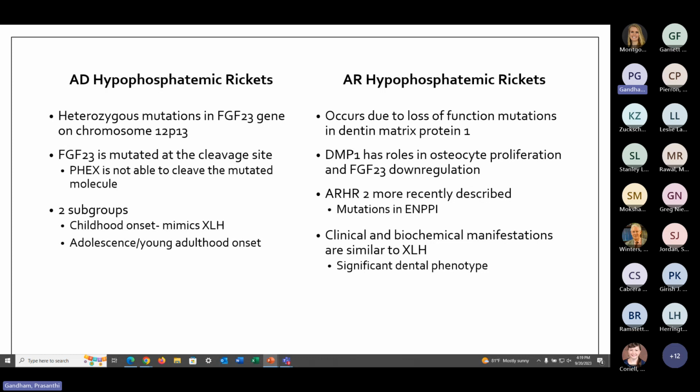The generalized arterial calcifications will present in infancy most often, and they're lethal in about half of the affected infants. But we typically see hypophosphatemia developing in those who survive, and eventually the hypophosphatemia goes on to result in rickets and osteomalacia. The clinical and biochemical manifestations in general are similar to XLH. They too have a significant dental phenotype.